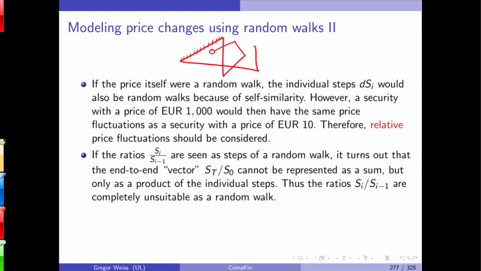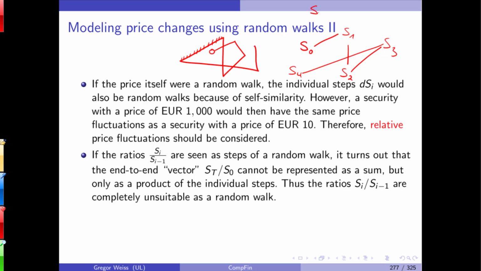Now, if we were to use the discrete changes, die diskreten Renditen, S_i divided by S_(i-1), it turns out that by adding all these changes, we don't get the end-to-end vector, because you need the following. If this is S0 here, and it changes to S1, it goes on to S2, and so on, and then S3, S4, the following needs to be true.